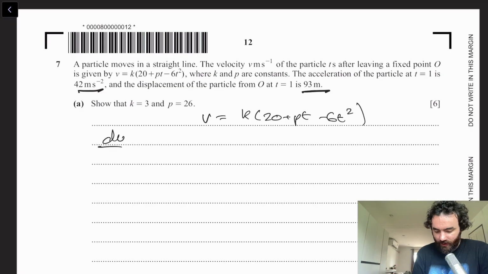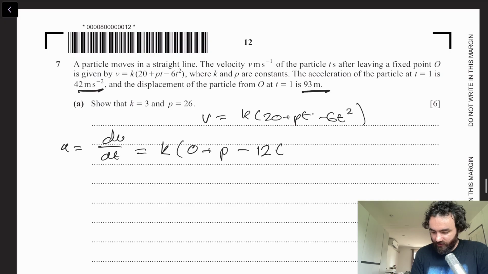acceleration. So dv by dt, this is the acceleration, the rate of change of velocity, is equal to this thing differentiated in terms of t. So this would be k of, well, it's just d by dt. I'm not going to write it all out. So it'd be k of 20 is a constant, so 0, plus this thing becomes p minus 12t.